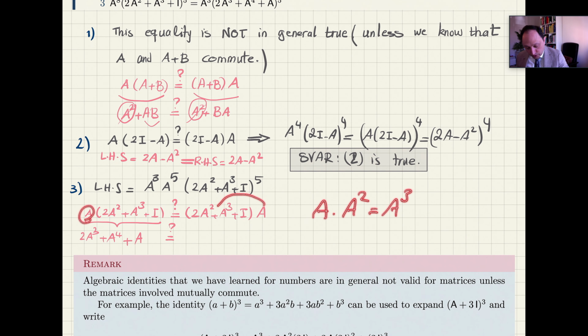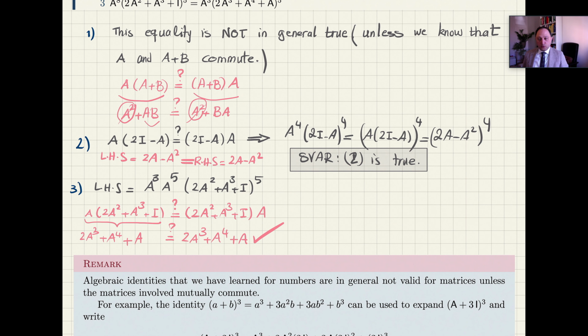Here when you distribute, a squared is on the left and you still multiply by a. Again, this becomes a cubed. So this becomes 2a cubed and then a to the 4. I times a is also a, and then this becomes true. You see, they are exactly identical. 2a cubed plus a to the 4 plus a on the left, the same expression on the right, so they are the same. And then you are allowed to use that.